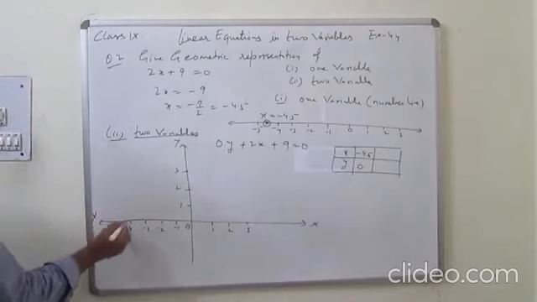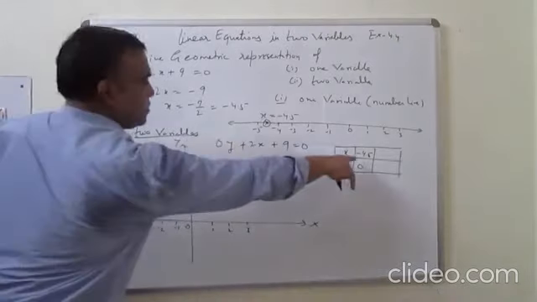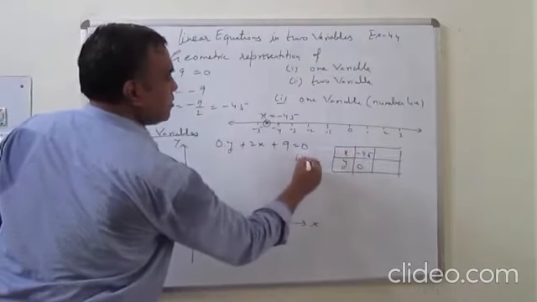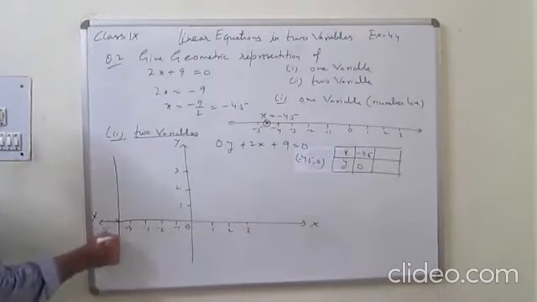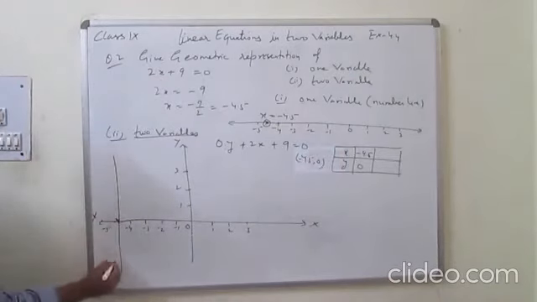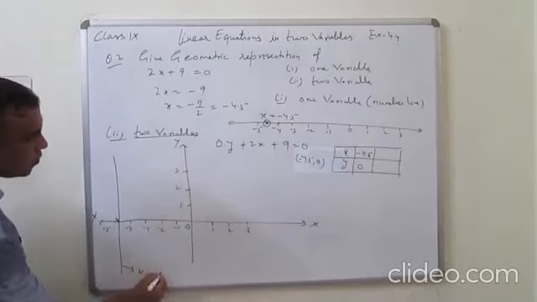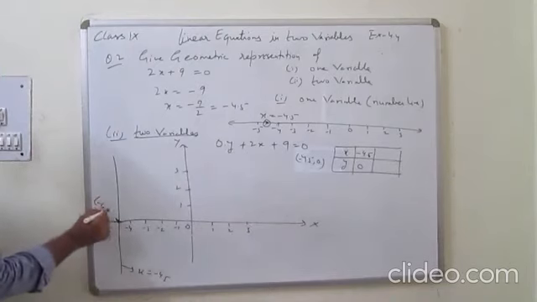Now the point is minus 4.5. What is x? This is the point. y is 0. You have to draw minus 4.5 comma 0. So this is the point and this is the line, x is equal to minus 4.5. So this point is minus 4.5 comma 0.